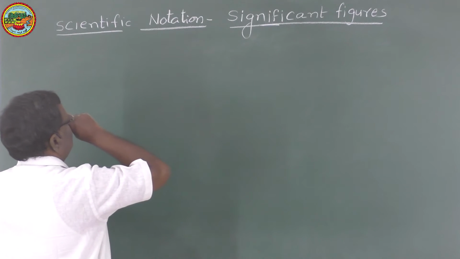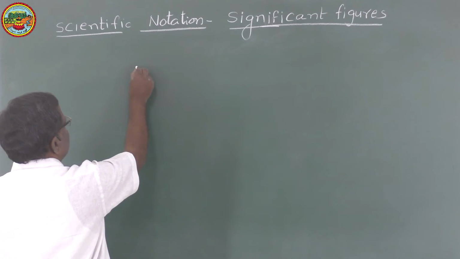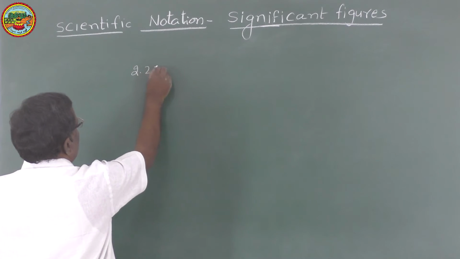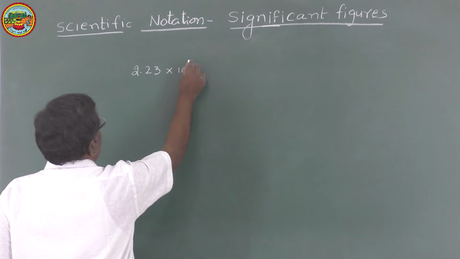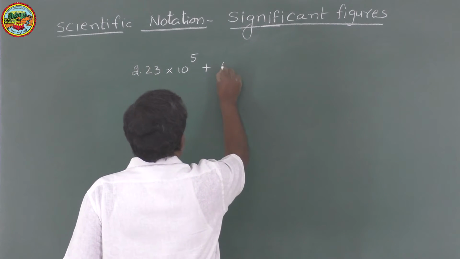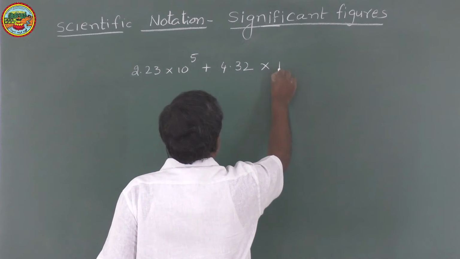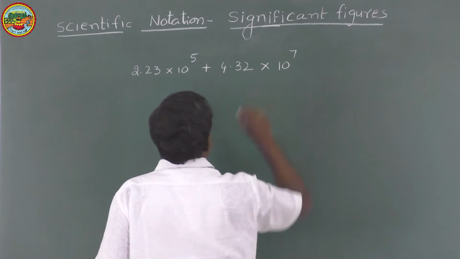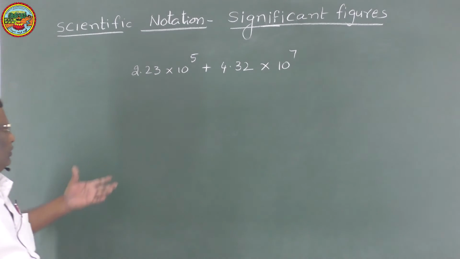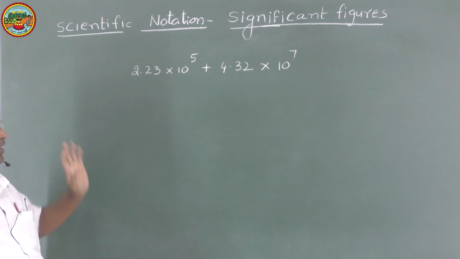Suppose we want to add two numbers like this, 2.23 into 10 to the power 5 plus 4.32 into 10 to the power 7. In a scientific calculation, you will get numbers like this.